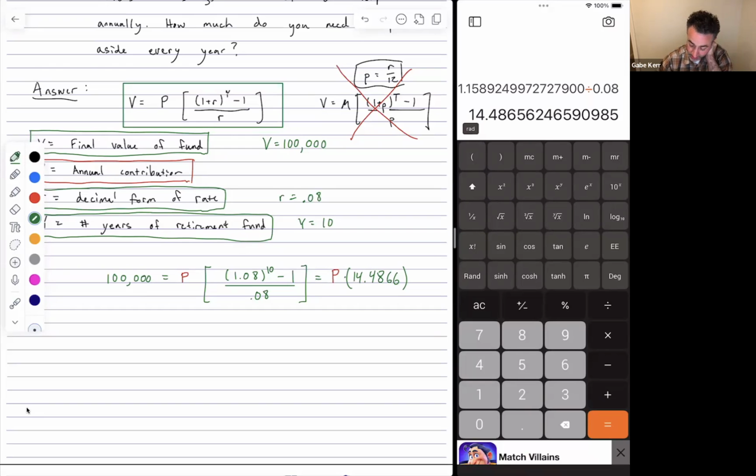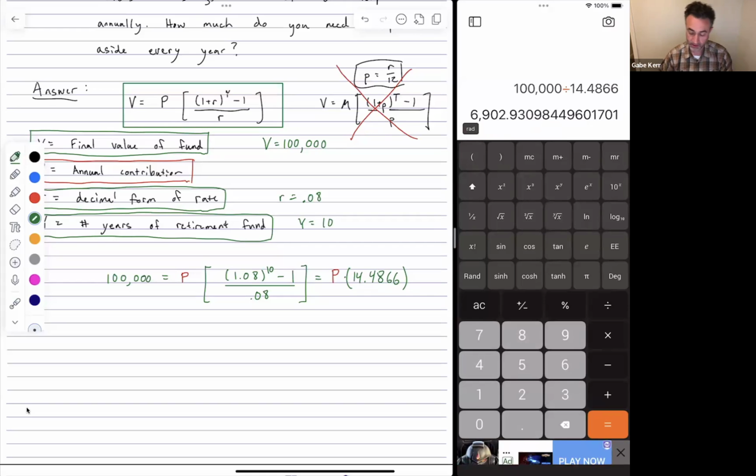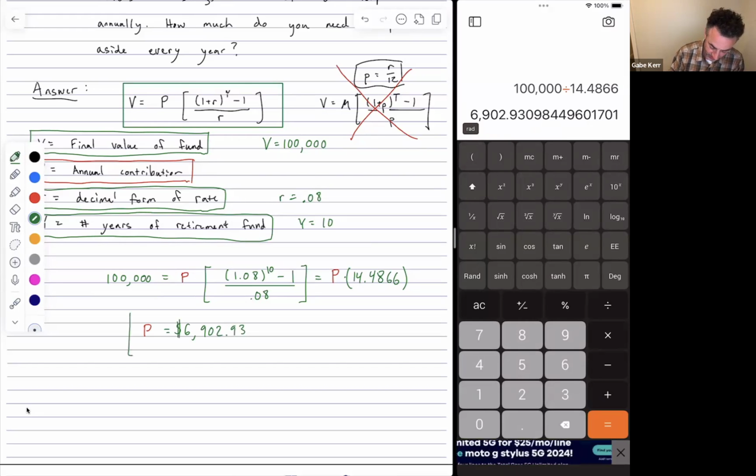I will clear this on my calculator, and divide 100,000 by 14.4866, and I get 6,902. So that is my answer, P equals 6,902. And here at this stage, I will put in my dollar sign, and I'll box off this answer.